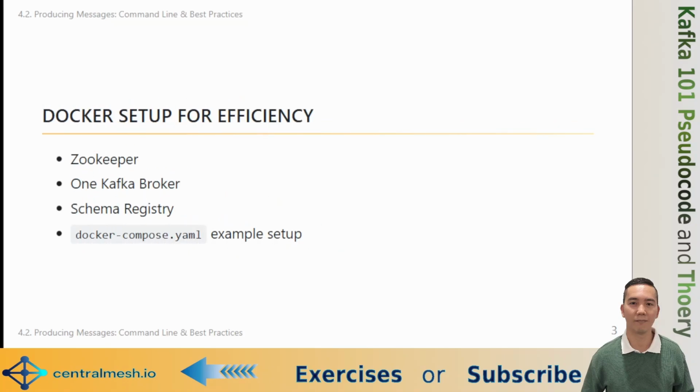To keep things simple and efficient, we will use a Docker setup with Zookeeper, one Kafka broker, and Schema Registry. You can see an example docker-compose.yaml file in the next slide that we will use for this demo.